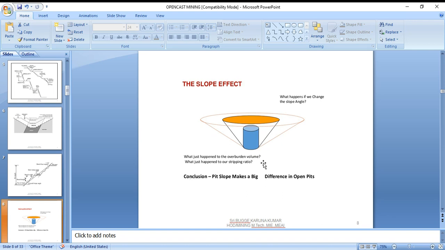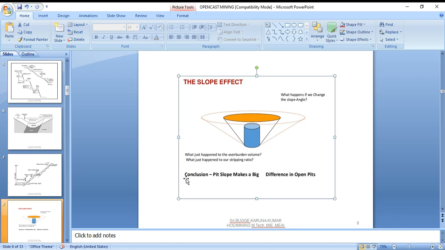So what I conclude here is that pit slope makes a big difference in open pits. This is a dominating factor. The conclusion is that we should not simply go through the thumb rule of maintaining this much angle, but according to the material characteristics and soil properties, slope stability can be maintained. For example, it depends from material to material.